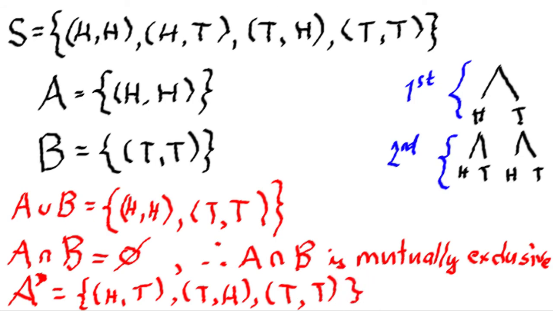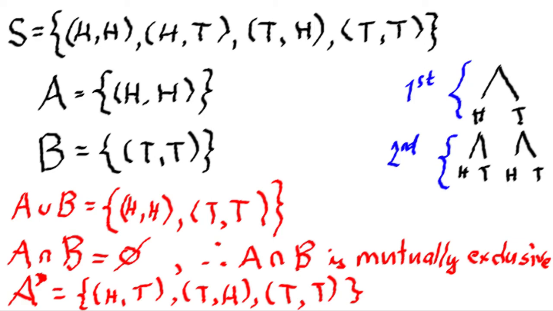Okay, and those are the outcomes of the complement of A. What we want to highlight here is that although A and B are mutually exclusive, they are not complements. That is, if the result of the experiment is not two heads, it doesn't mean that it must be solely two tails. Okay, so that's the important concept that we want to bring in this example.